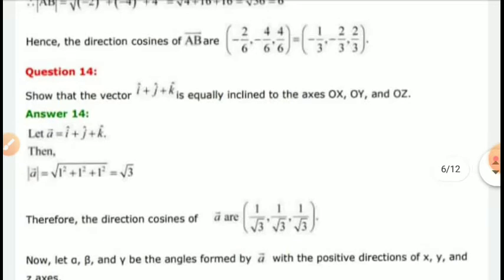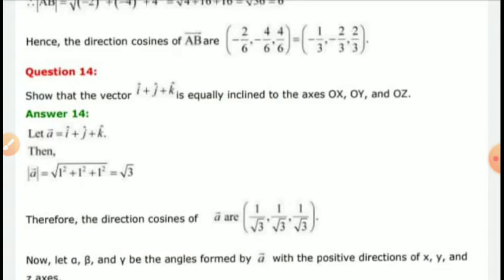Show that this vector is equally inclined to the coordinate axes. Most of the students get confused here. Equally inclined means the angles this vector makes with the coordinate axes are equal. Equal angles means their direction cosines are all the same.